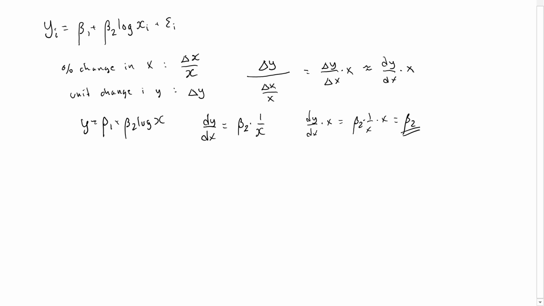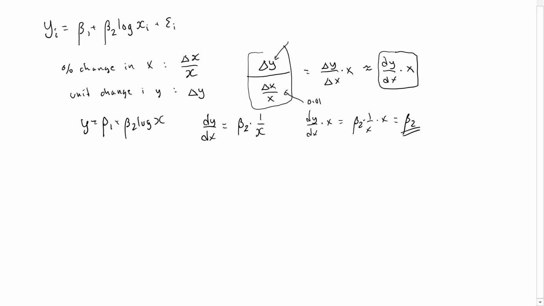So we see that beta 2 is equal to this expression, and this expression is approximately equal to the change in y divided by the percentage change in x. So we can view beta 2 as approximately the increase in y when x changes by 1%, if we divide beta 2 by 100, because increasing x by 1% is the same thing as making this equal to 0.01.